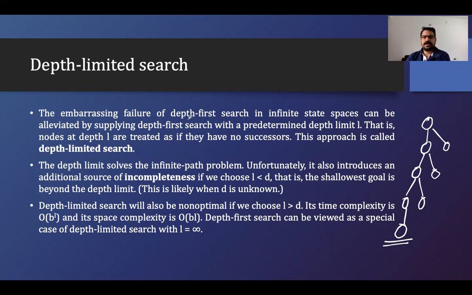The embarrassing failure of depth first search in infinite state space can be alleviated by supplying depth first search with a predetermined depth limit L. That is, nodes at the depth L are treated as if they have no successors. This approach is called depth limit search.